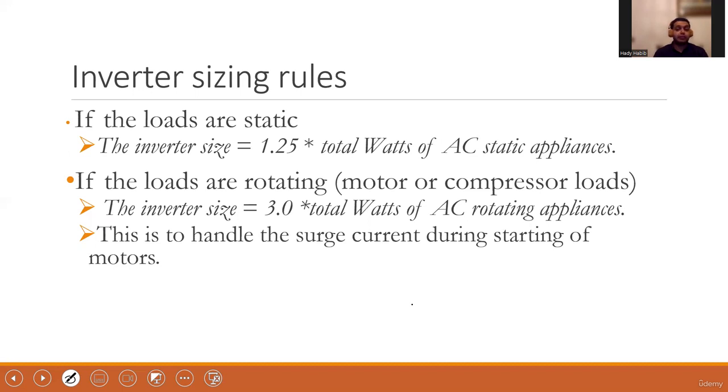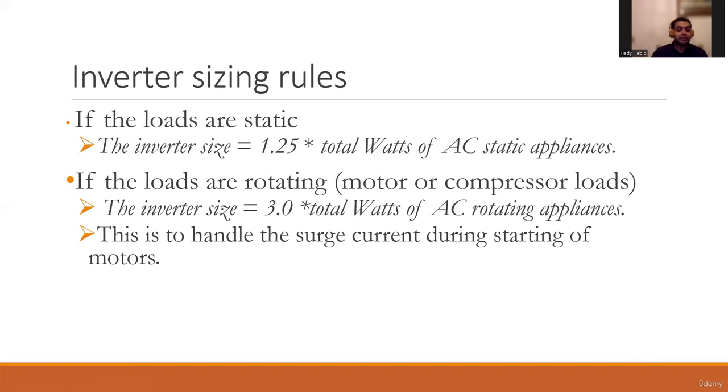We have 2 types of loads: static loads, which are mainly the lighting loads, and motor or compressor loads, which are the rotating loads. For the static loads, we just multiply by 1.25 as a safety factor.